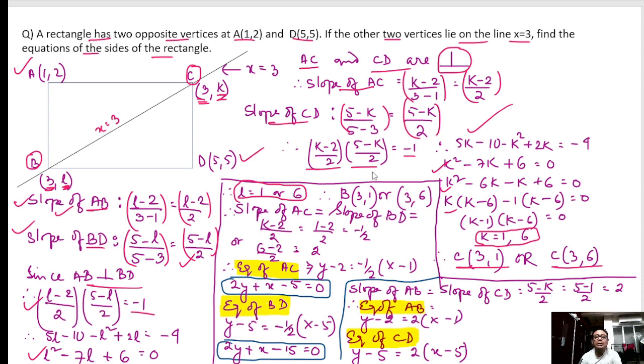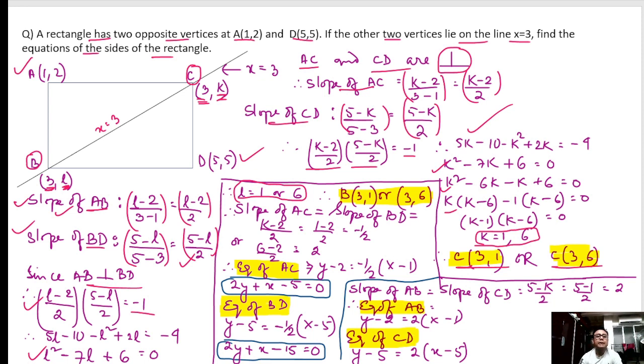So the coordinate of B should be either (3, 1) or (3, 6). This is the coordinate of C, and these are the coordinates of B.